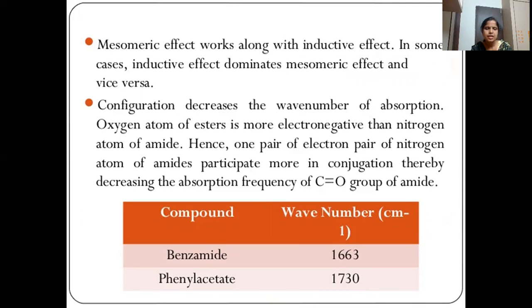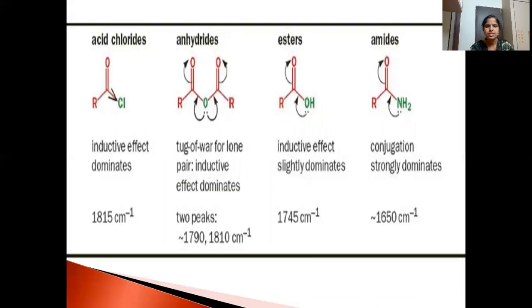Then if we take an example of an amide and an ester. Here we have taken the example of benzamide and the ester phenyl acetate. Phenyl acetate shows a higher vibrational frequency, 1730, whereas benzamide shows 1663. Why does benzamide show a lower vibrational frequency? Again it is due to the same factor.